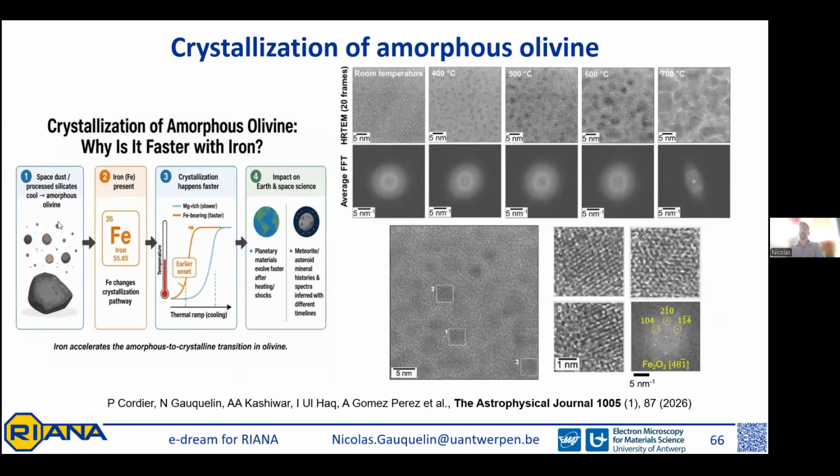Another example coming from outer space. The dust in space is processed silicate, and when it cools down, it results in some amorphous olivine, and that amorphous olivine very often has iron present.